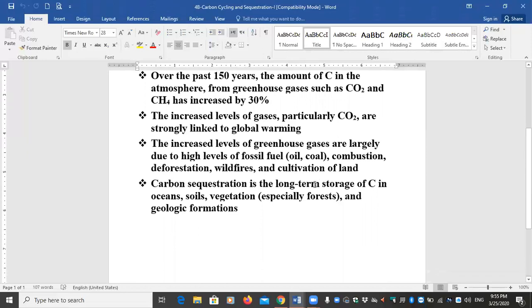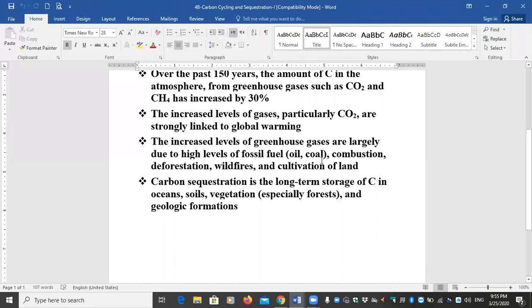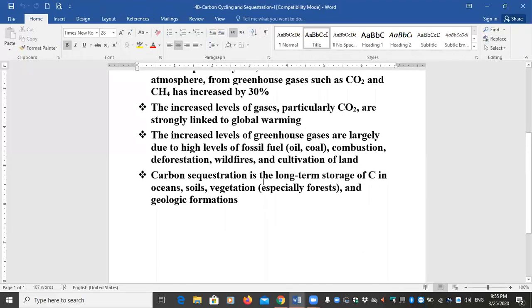Also, that is a source of the production of CO2 and destruction of the organic matter that's in the soil. Carbon sequestration is the long-term storage of carbon in oceans, soils, vegetation, especially forests, and geologic formation. So emission is the production of CO2 and losing it to the atmosphere.